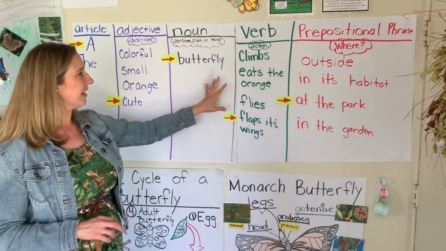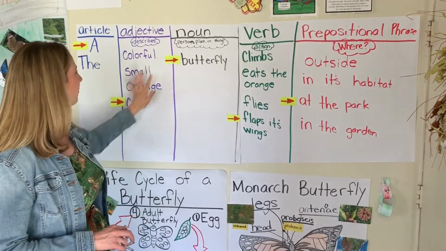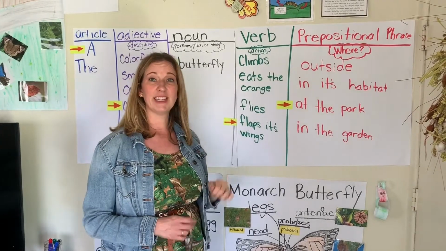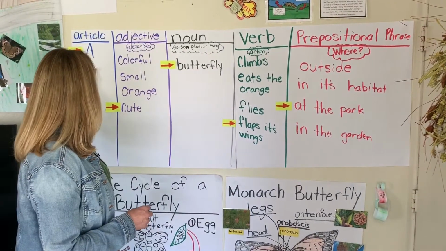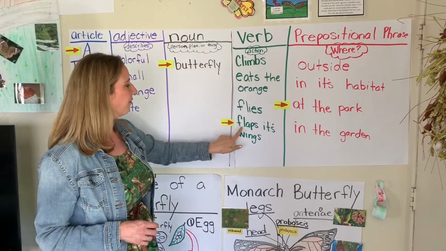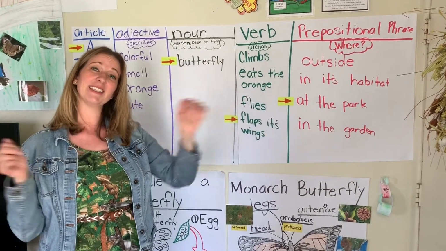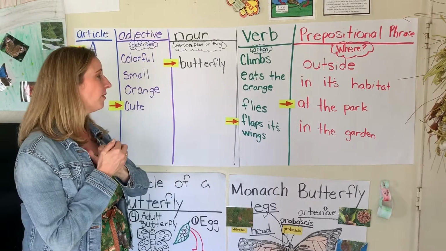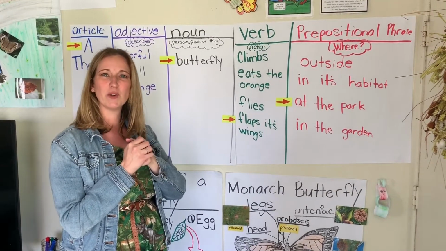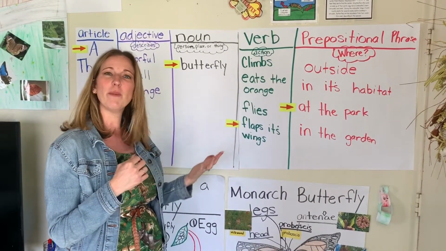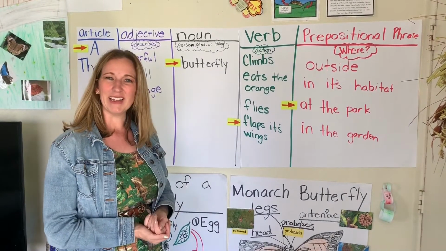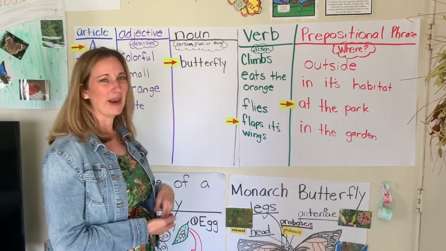And once you make this, you can take your beautiful sentences and write them down. So I could take my "a cute butterfly flaps its wings at the park" and write it all out as a nice sentence, okay? So it's just another way to practice your writing and to get a little bit more experience with adding some details to your writing.